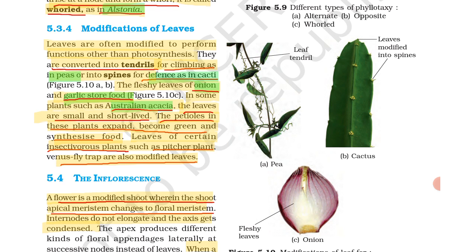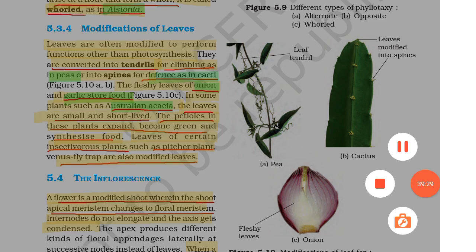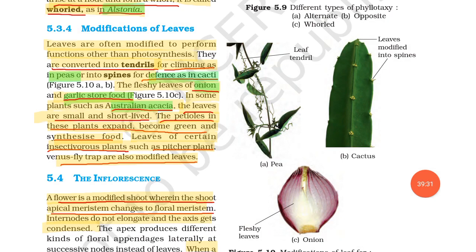In other plants like Australian acacia, the leaves are short-lived, and the petioles expand, become green and synthesize food. Insectivorous plants such as pitcher plant and Venus flytrap have modified leaves.